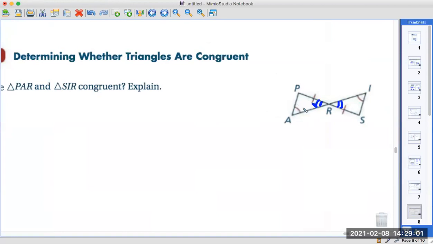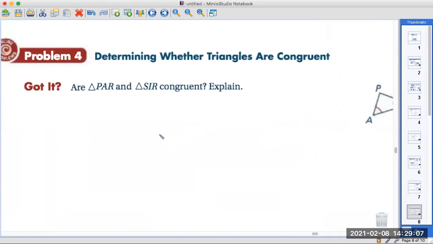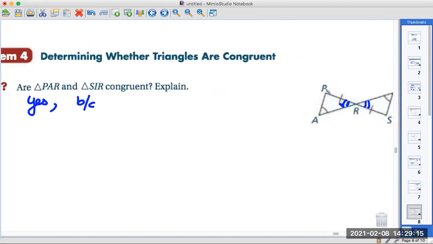Now let's look. Angle, angle, side, angle, angle, side. Yes, those are congruent. Because, now let's talk about the vertical angles. We need to name those correctly. How do we name that angle? If I call it angle R, is it sure which angle I'm talking about? Could I mean this one or this one?